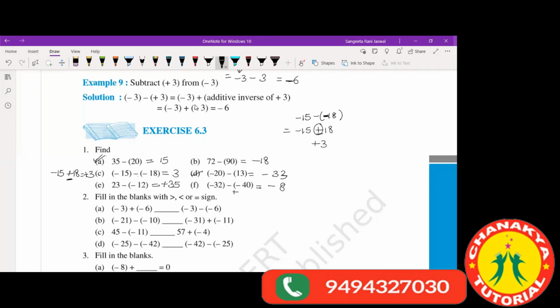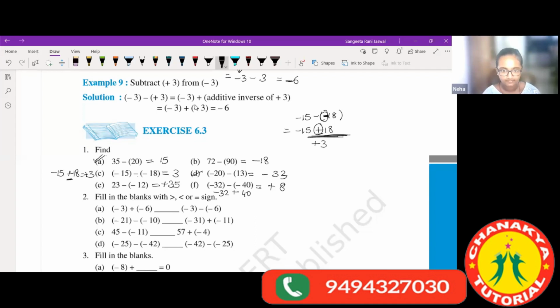This sign will become positive. Here it will be minus 32 and plus 40. So 40 minus 32 will be 8. And sign of the bigger number will be positive. Okay, again the same type of sum. So you don't have to see this sign. You have to see sign in this step. Okay? Just the step which is prior to the answer.